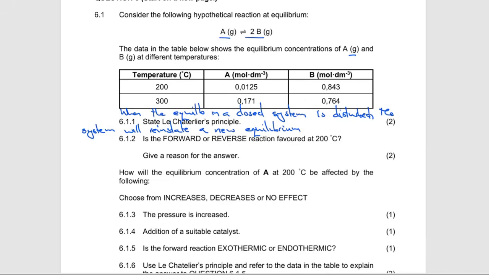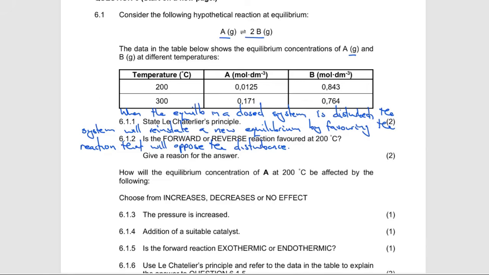How does it do that? By favoring the reaction that will oppose the disturbance. So that's how we attempt that question.